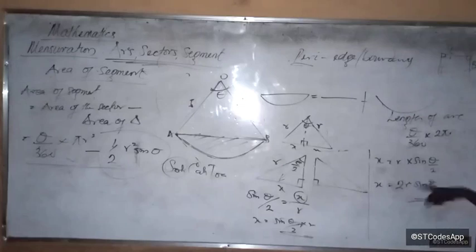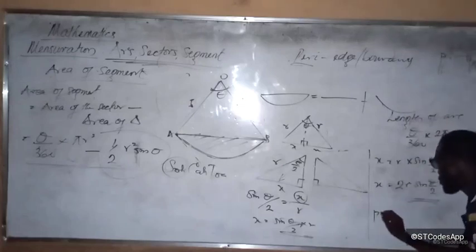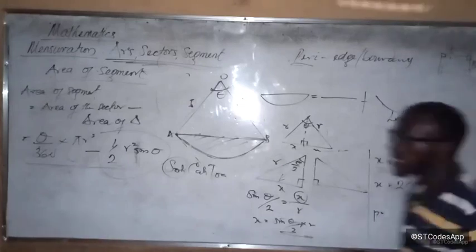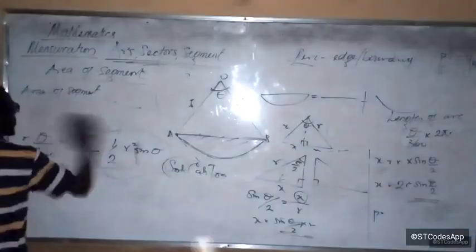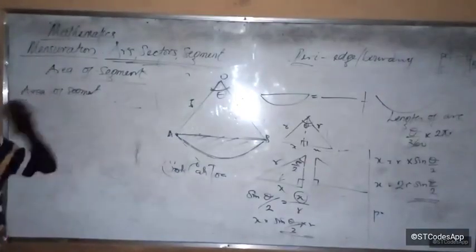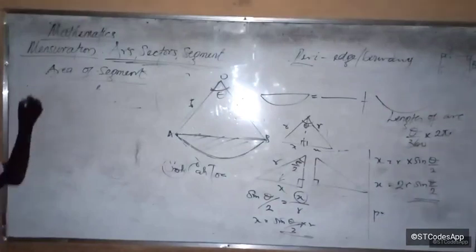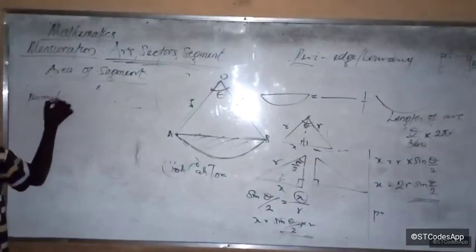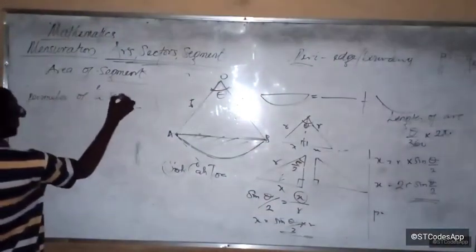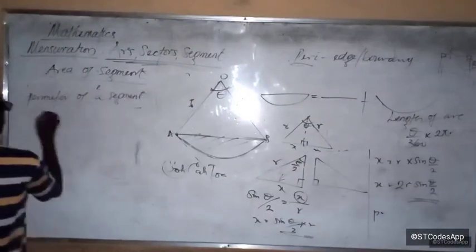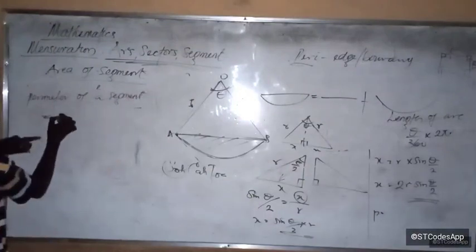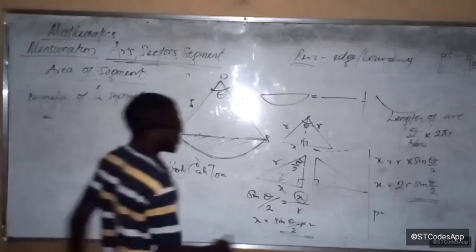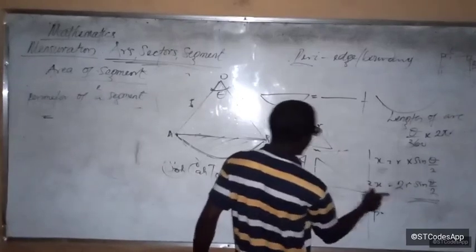So when we now want to find the perimeter, the perimeter will be equal to this guy. Let me clean that side so that we'll come out with the perfect formula. So we say perimeter of a segment is equal to, this will be 2x now.